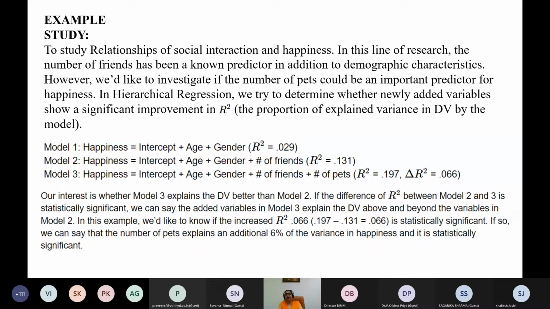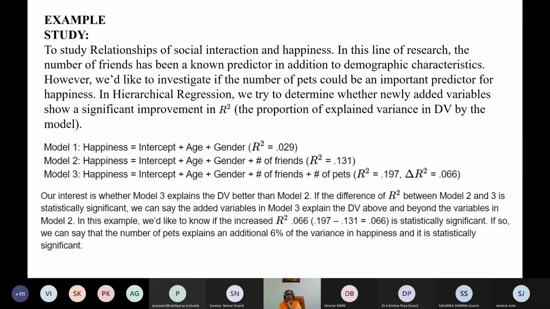But our point of discussion was whether the number of pets can be an important predictor for happiness. So you add the number of pets, collect the data and do the analysis, and you identify that the value of R square has increased from 0.131 to 0.197, which says that the third model is explaining the dependent variable better than model 2.